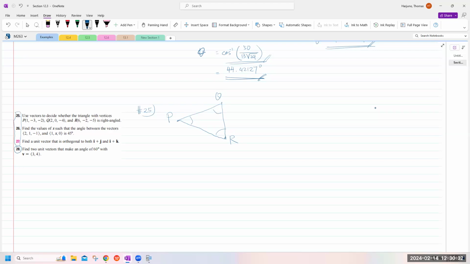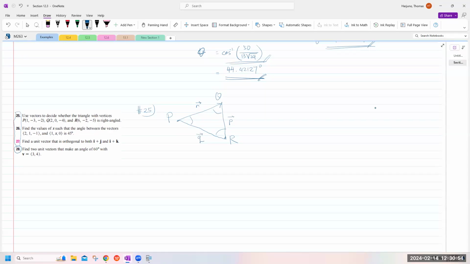What we will do is first create the vectors corresponding to this. Let's call this vector R because that's opposite of angle R. Let's call this vector P because it's opposite of coordinate P, angle P, and let's call this vector Q.